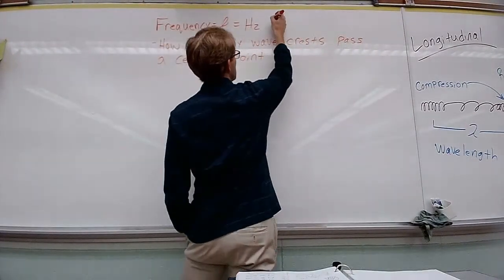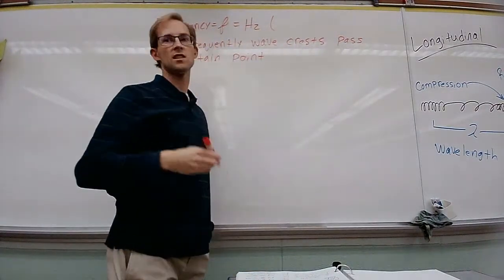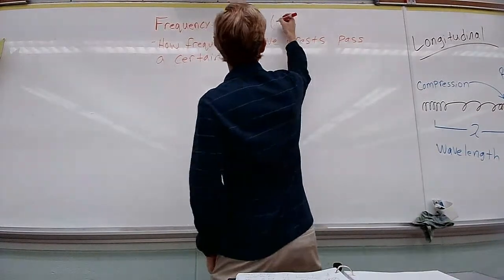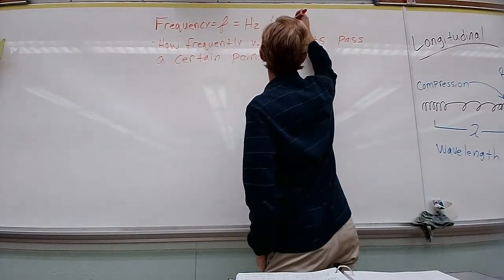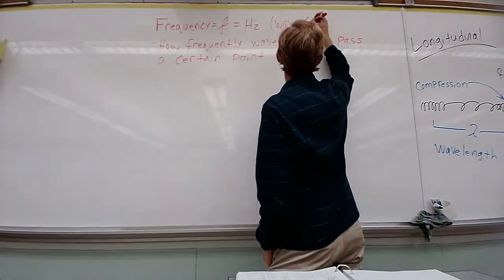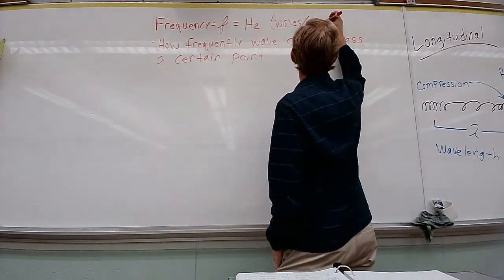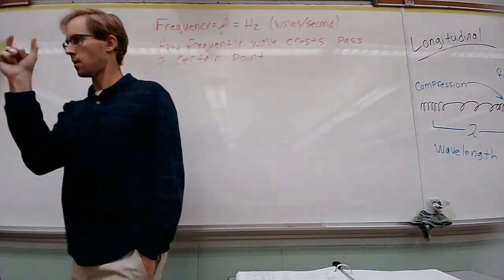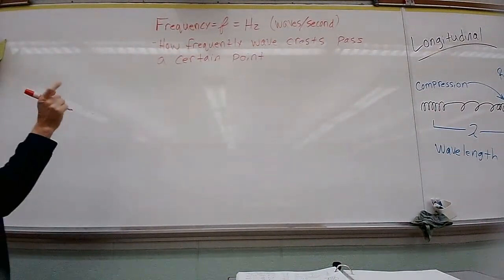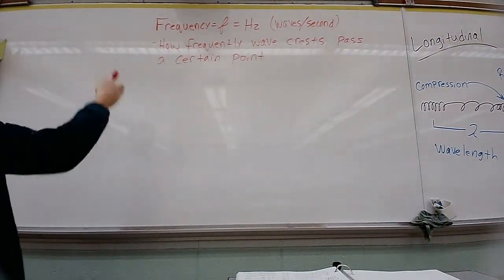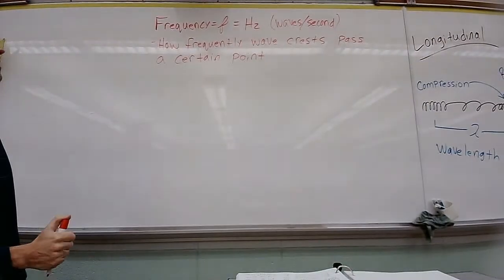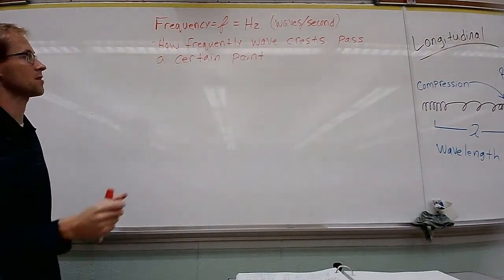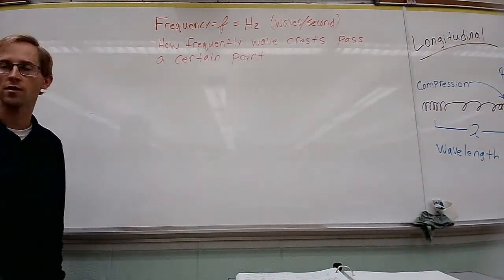And what that means is how many waves per second are passing a certain point. So if you've got 4 wavelengths passing one spot in 1 second, your frequency would be 4 hertz. That's what that means. It's a measure of how quickly these waves are going by a certain point.